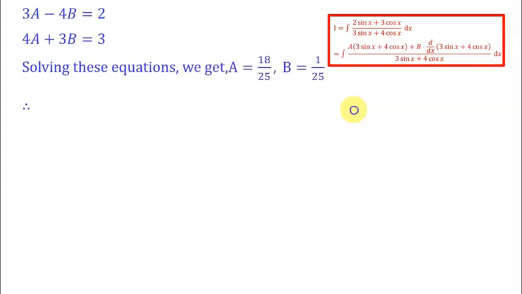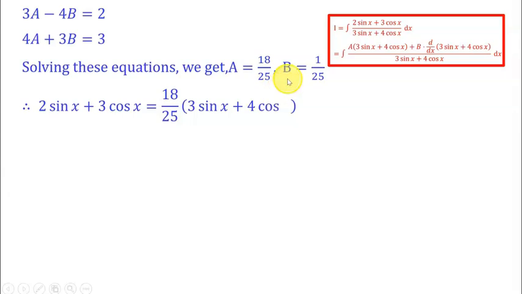Solving, you will get the value of a is 18 upon 25 and b is 1 upon 25. Now substitute the values of a and b. The numerator 2 sin x plus 3 cos x is equal to 18 upon 25 into (3 sin x plus 4 cos x) plus 1 upon 25 into (3 cos x minus 4 sin x).